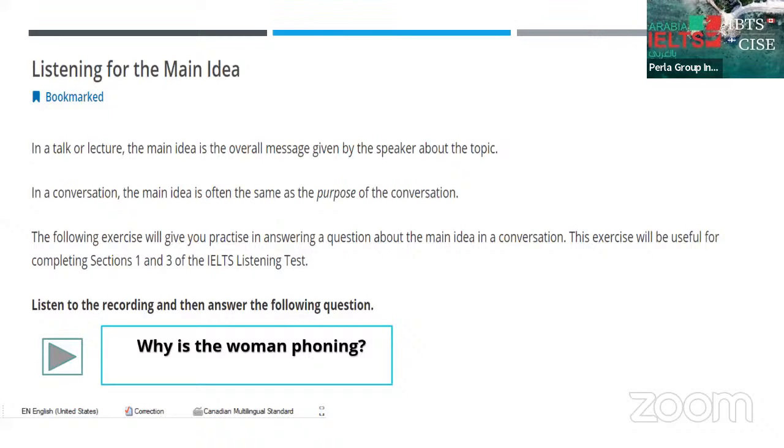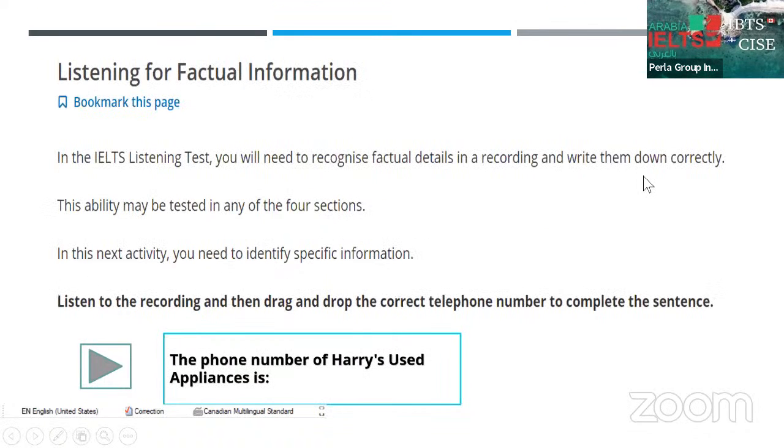Great job, indeed. Okay. Now the next assessment criteria they're looking for in the exam is your ability to listen to factual information. And you need to practice that every time you listen to whatever English conversation.